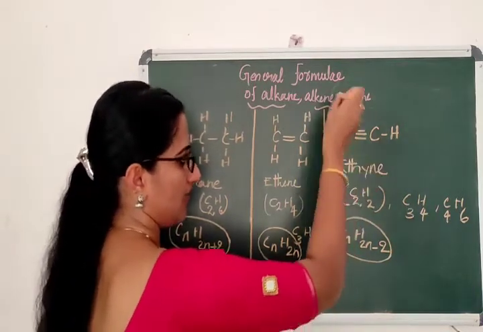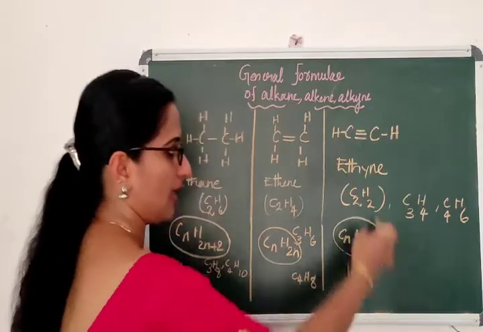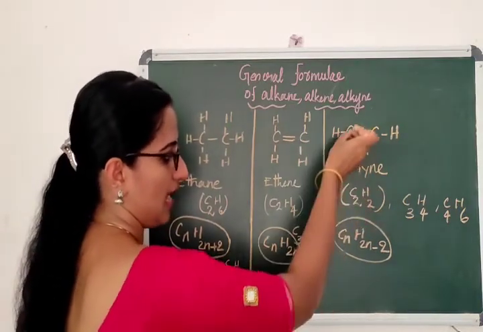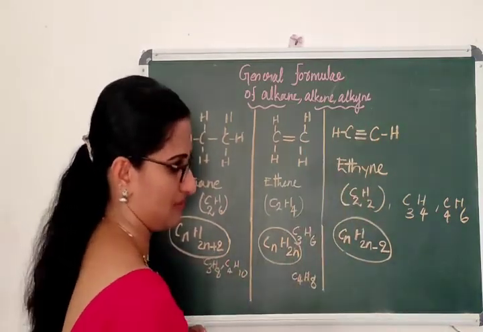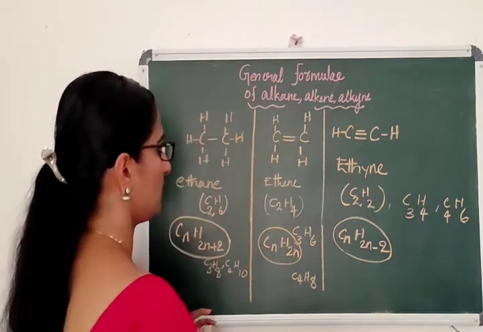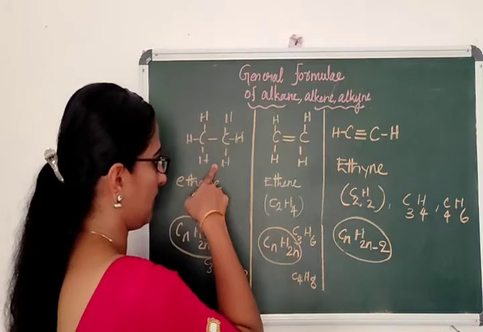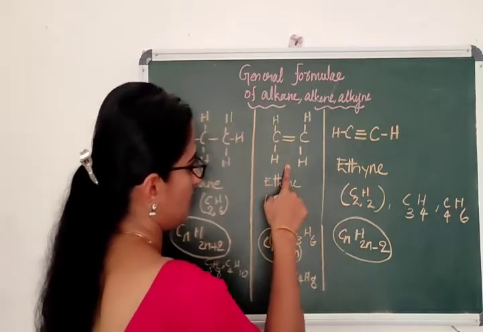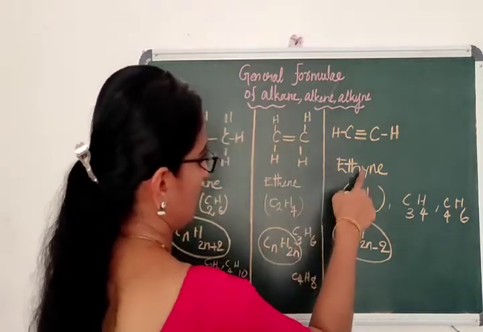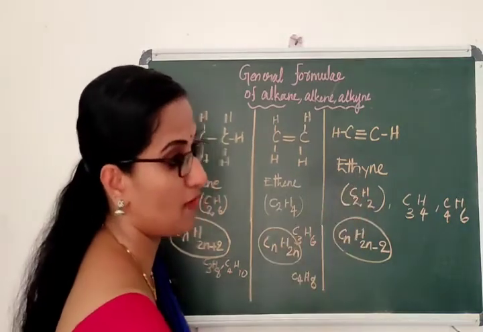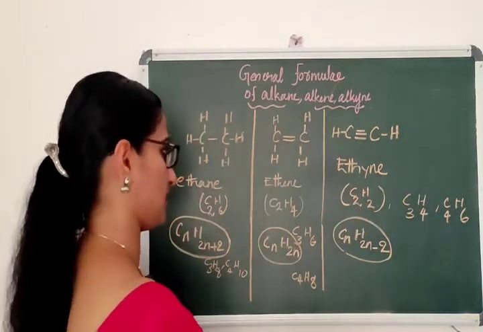Okay. And again, if it is triply bonded, again the number of hydrogen reduced and the series can continue like this. Okay. Here I have written the second member of alkane series, that is ethane. And ethene is the first member of alkene series, and ethyne also the first member of alkyne series. Okay.